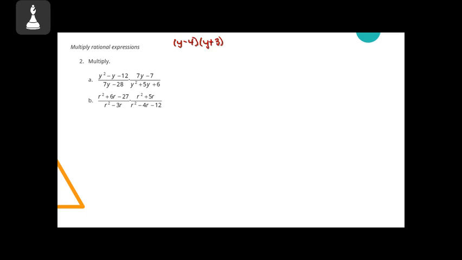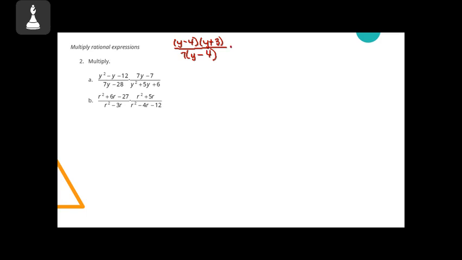Negative 4 times 3 is negative 12. On the bottom of this one, I have 7y minus 28. 2 terms, none of them are perfect squares or cubes, so I'm just going to have a GCF. Out of 7y and 28, I can take out a 7, and that will leave y minus 4, since 28 divided by 7 is 4.